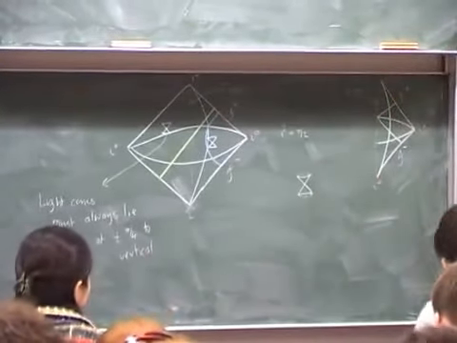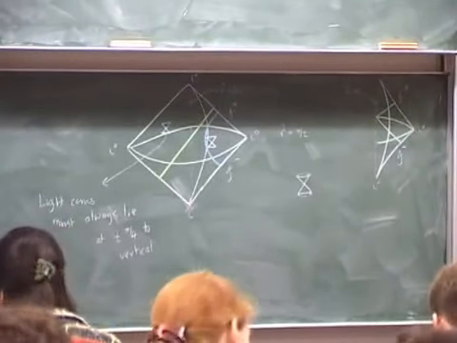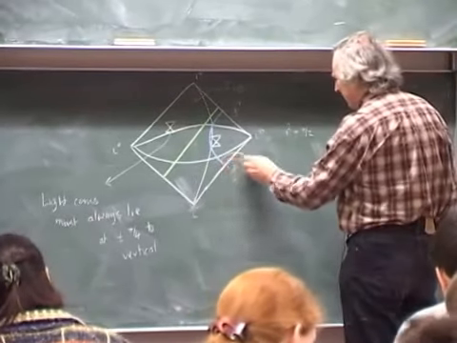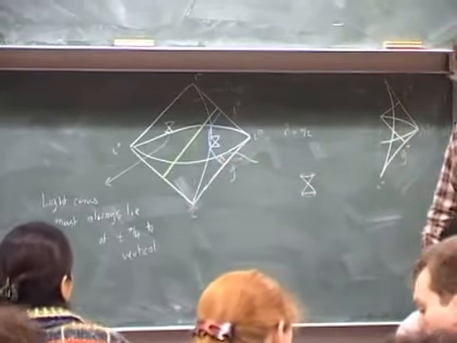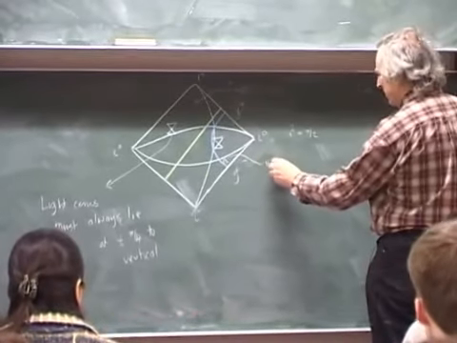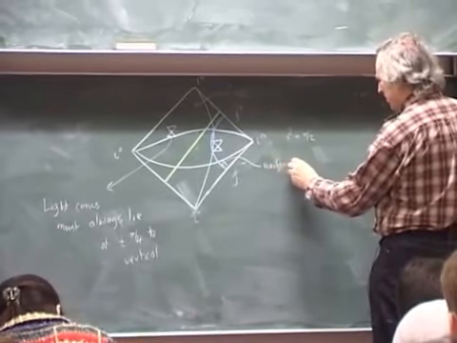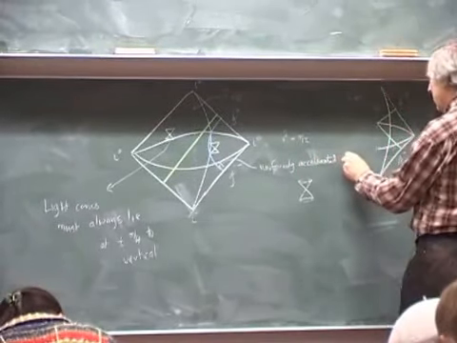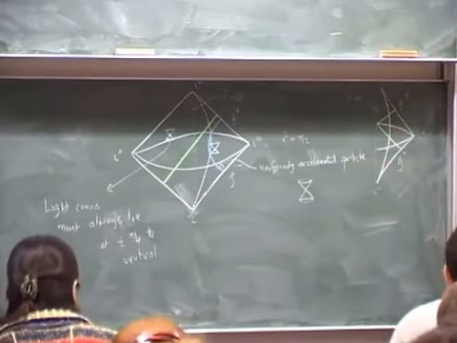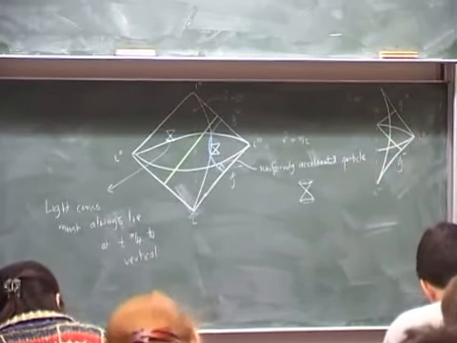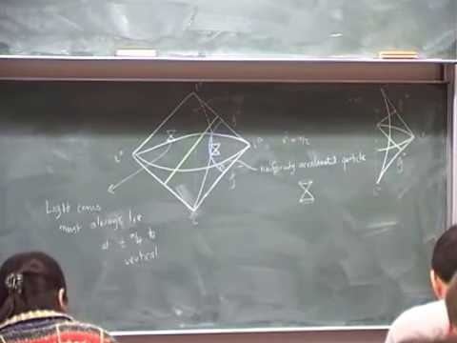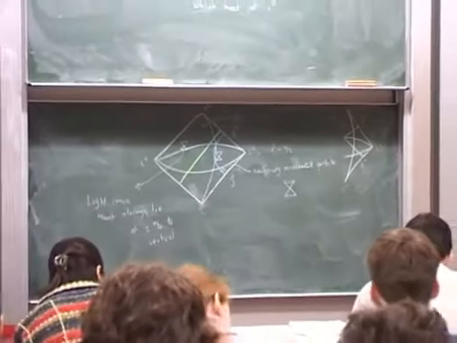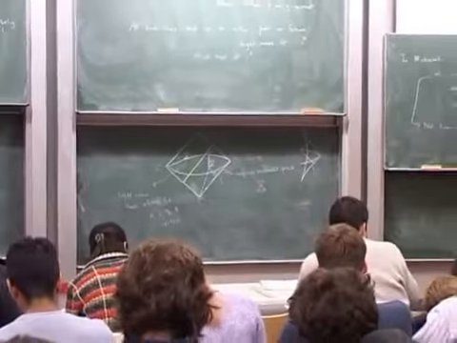This would be the trajectory of a uniformly accelerated particle. So it's being accelerated forever. Of course, you could argue you can't really do that, but if you did do it, this is a uniformly accelerated particle. So it is not true that all timelike curves have to end at I plus or minus, although it is true that all null curves have to end at scri plus or minus.